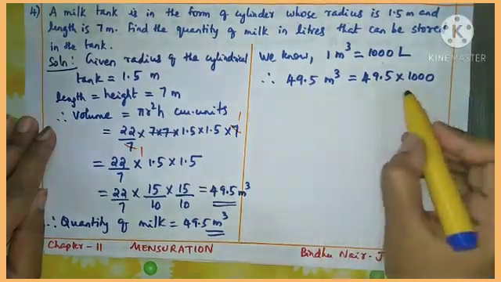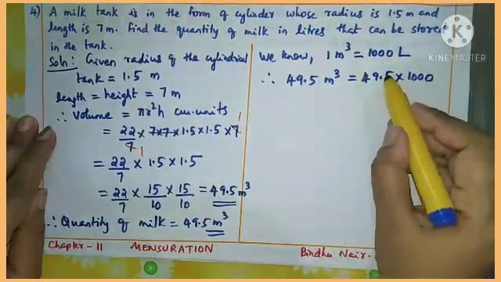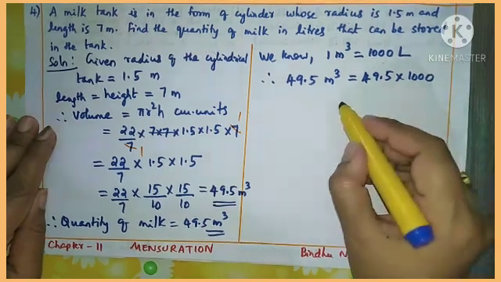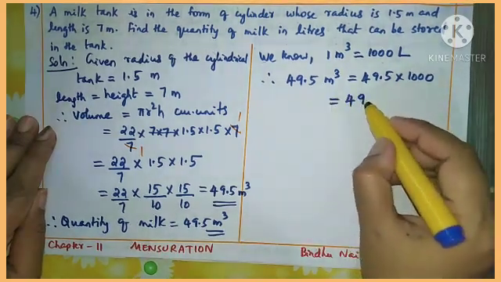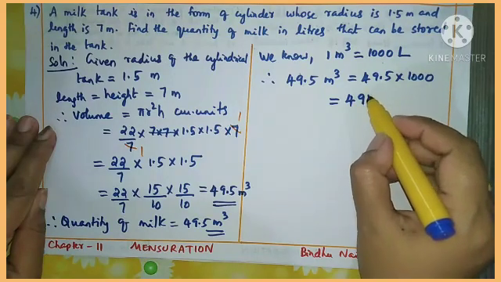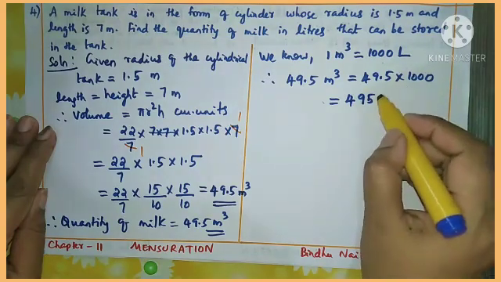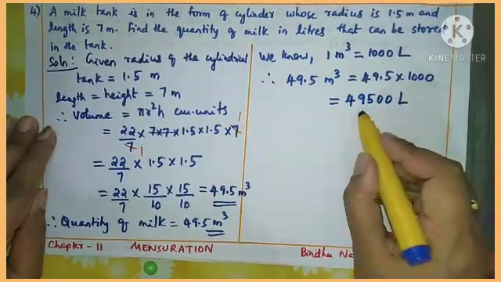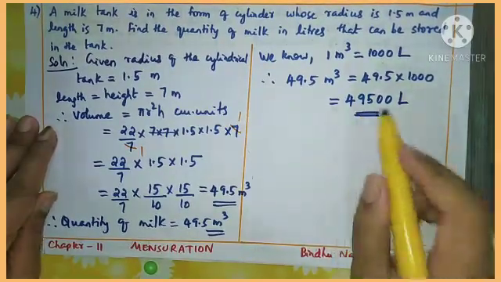Now when you multiply by 1000, the decimal goes 3 places to the right. So that is equal to 495 and 2 more places, put 2 zeros, liters. So this is the capacity in liters.